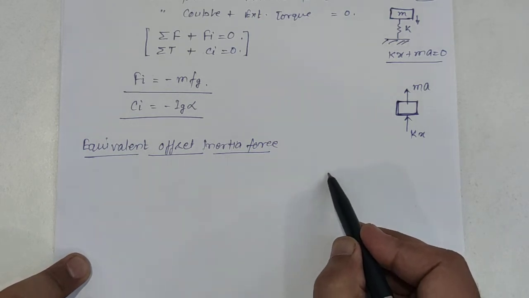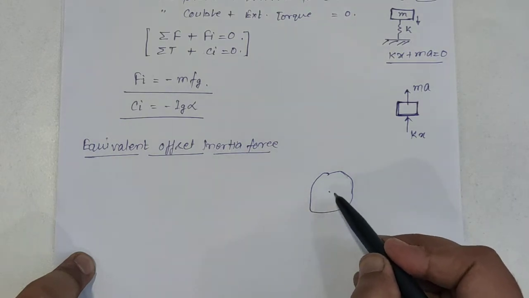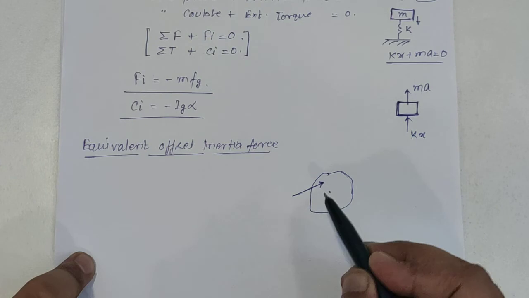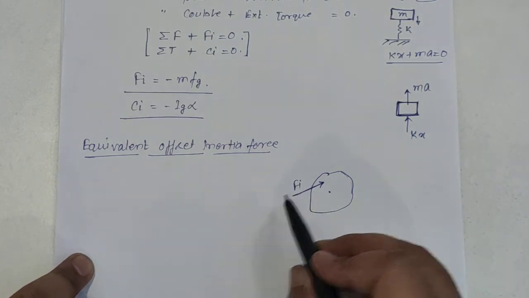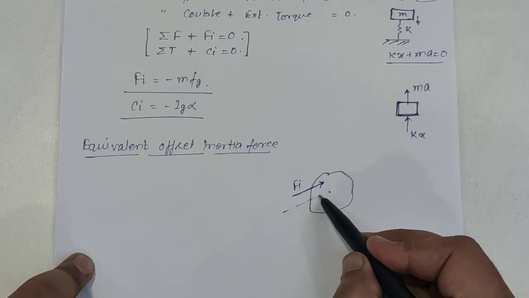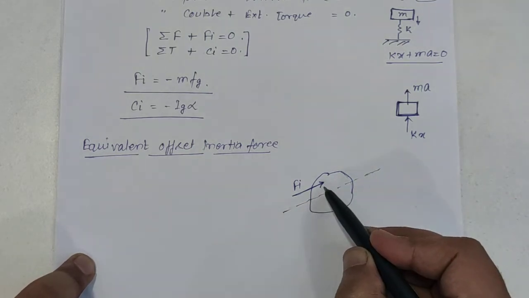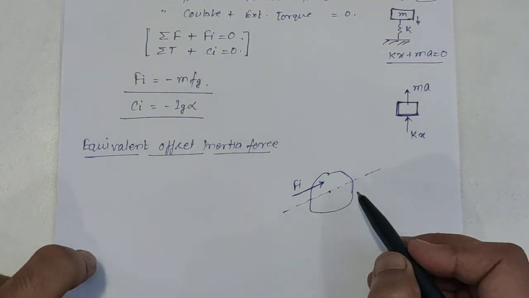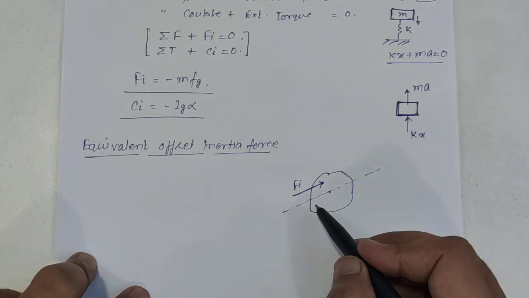Let's say we are having a body, and this is the center of mass, and the inertia force Fi is acting here. We can say that this inertia force will produce one force and a couple. Now we are going to use the principle which we have studied in engineering mechanics.